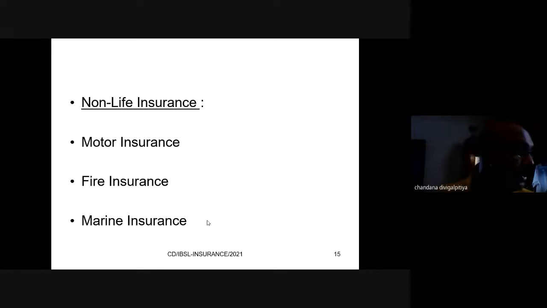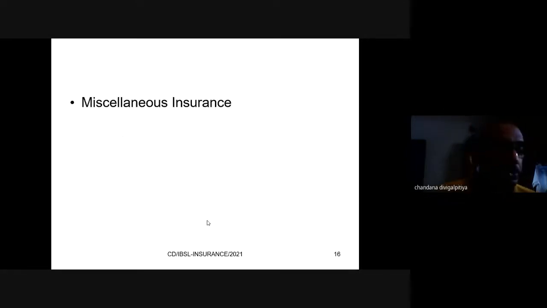These are the non-life insurance categories: motor insurance, fire, marine, and miscellaneous. Now, miscellaneous insurance is a vast area which covers a lot of areas like surgical, computer insurance, machinery insurance, and other miscellaneous types of insurance, right? So put a dash here.